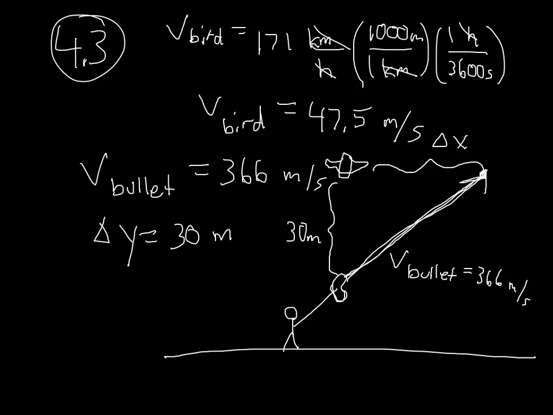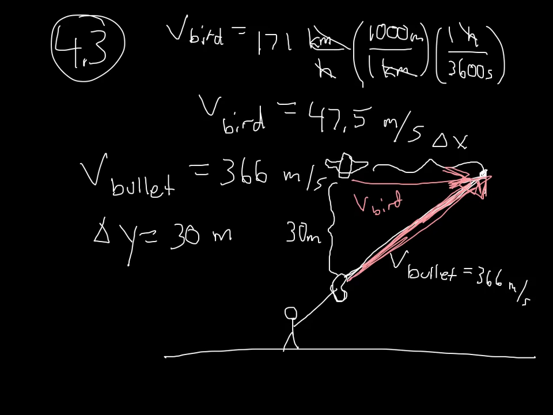Going towards the point where it's going to run into the bullet. So let me draw the velocity of the bird in here, and I'm going to do the velocity of the bullet in red. So I know the velocity of the bird, I know the velocity of the bullet, I know this 30 meters, and I know I'm looking for some delta x.